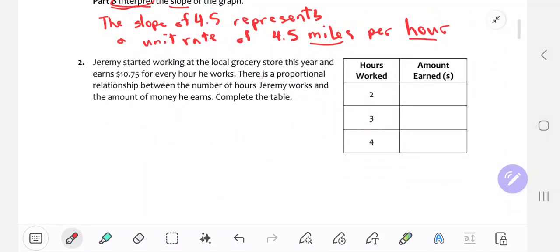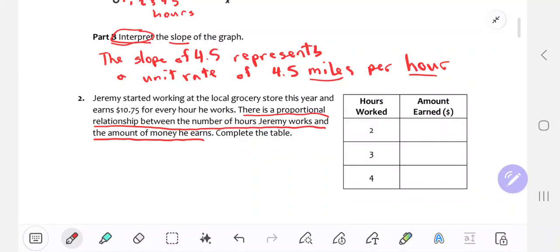So now, we have a proportional relationship between the number of hours Jeremy works and the amount he earns. So now we just have to complete the table. It says this year Ann earns $10.75 for every hour he works. So 2 hours would be 20 plus $1.50, so that's $21.50.